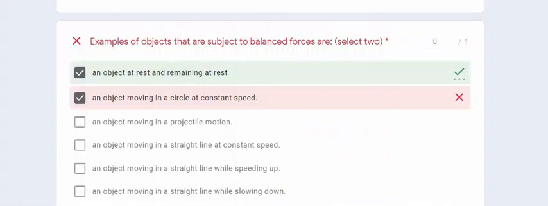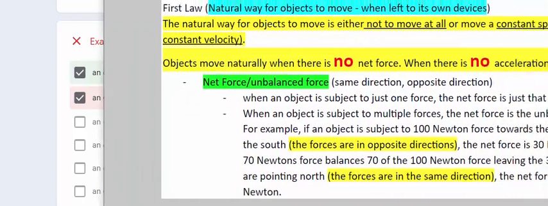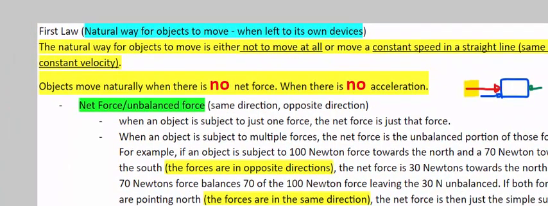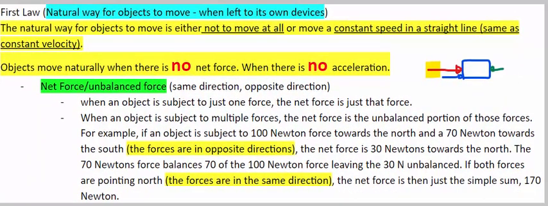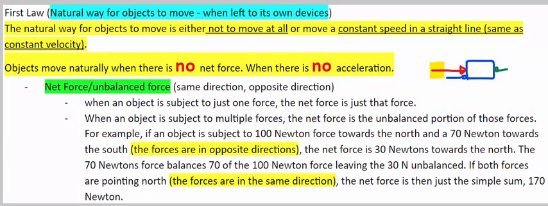The question asks for the case when the forces are balanced. We are trying to find the situations for which the forces are balanced, meaning that we have no net force. When the forces are balanced, we have no net force.